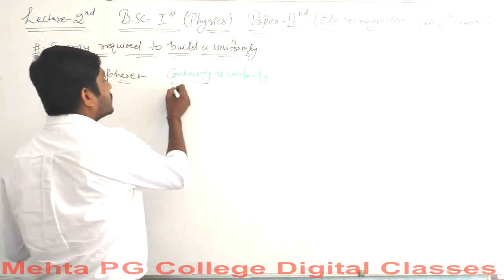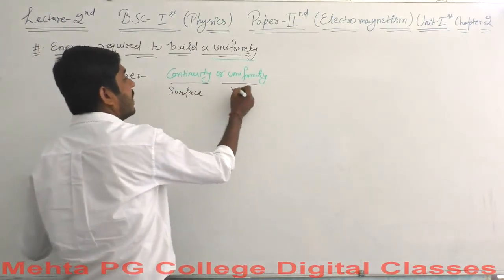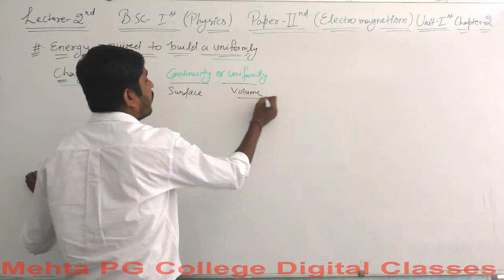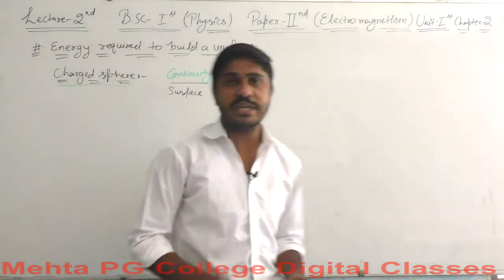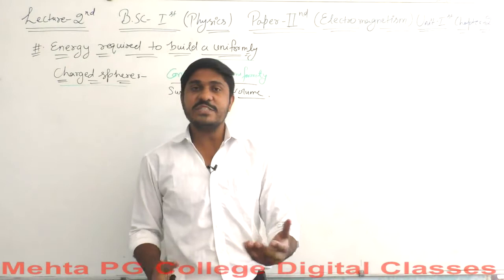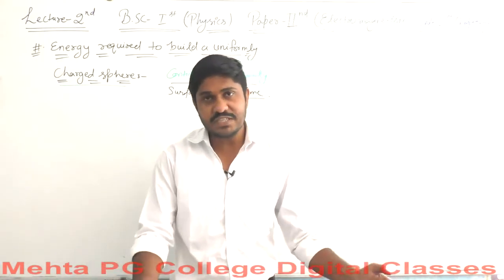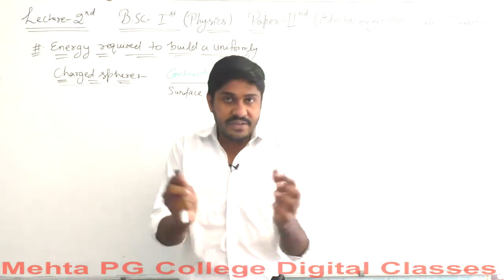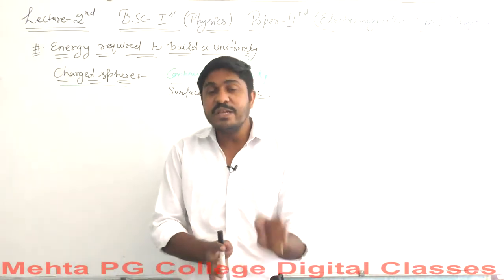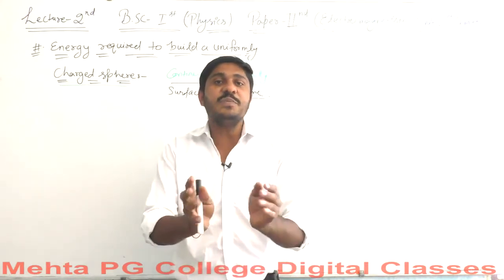The continuity belongs to a surface and uniformity belongs to volume in a sense. When you spread water on a floor, you will notice that the water is spread continuously all over the surface, but when you are filling up a vessel or a volume, the water is filled uniformly within the volume.